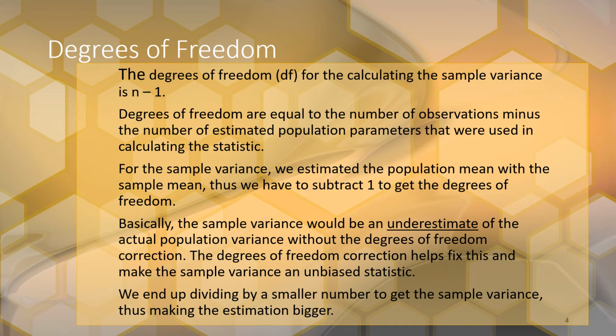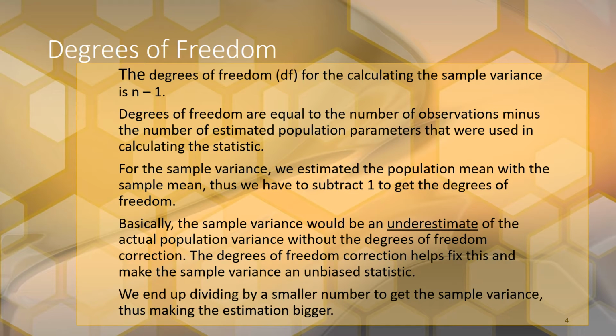We end up dividing by a smaller number to get the sample variance, thus making the estimation bigger. So basically, you need to know that if we don't have this degrees of freedom correction, the sample variance underestimates the actual population variance.